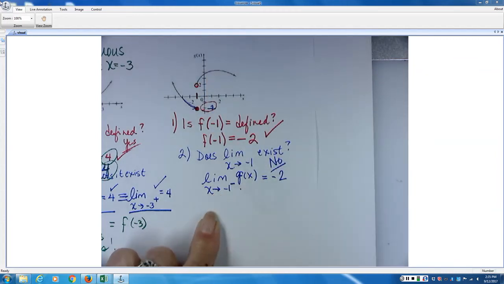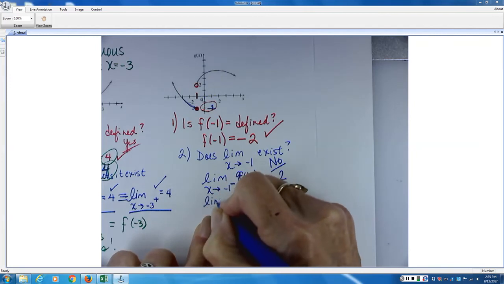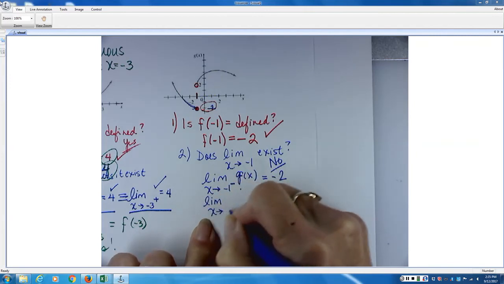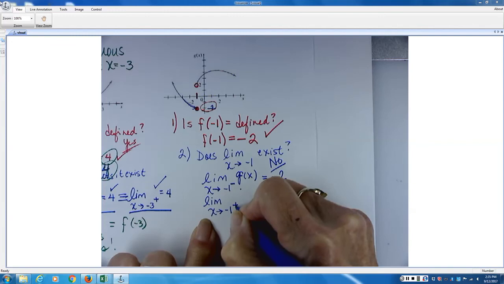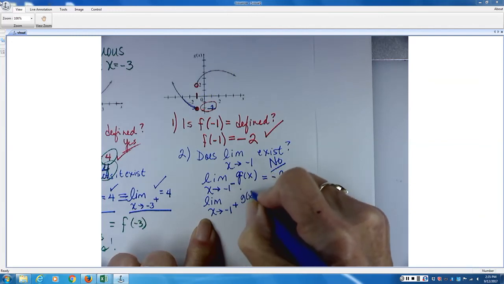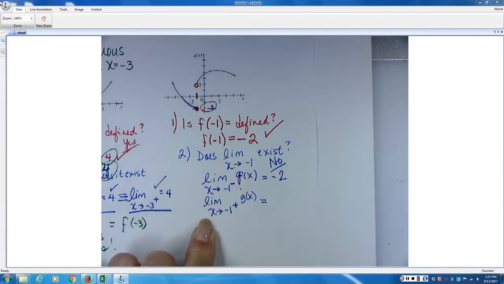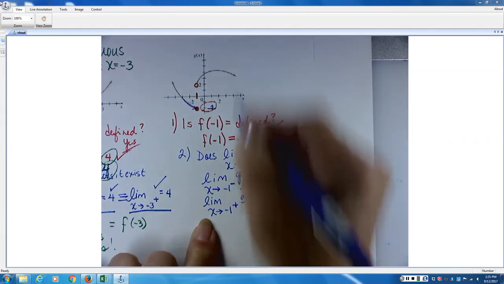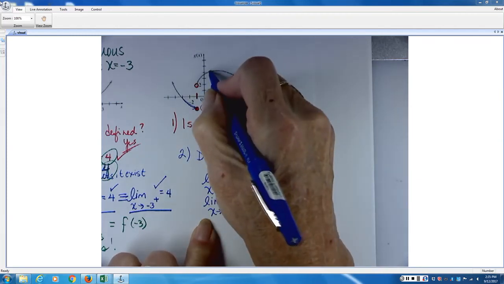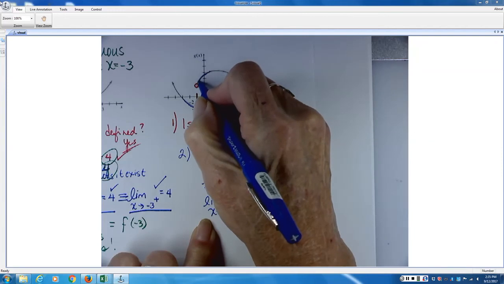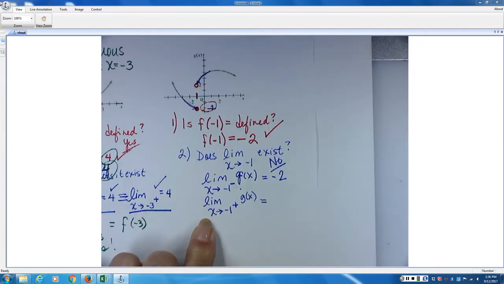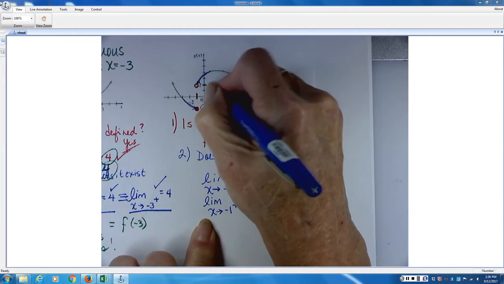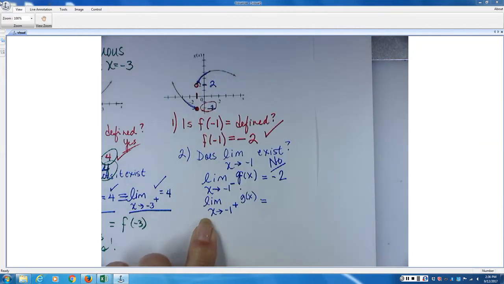But what happens if I take the limit as x approaches negative 1 from the positive side? Remember, circle. g of negative 1 doesn't exist, but what happens if I try to get close to negative 1 from that side? What number am I approaching? 2. It's getting closer and closer to 2.